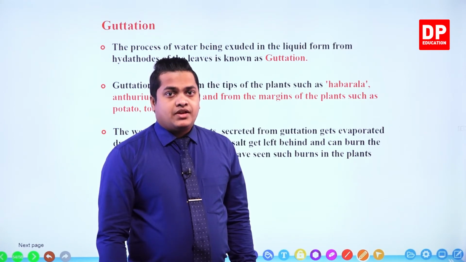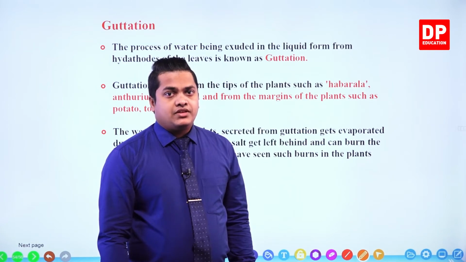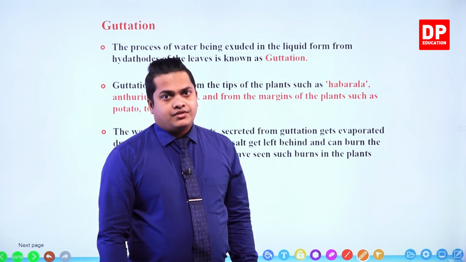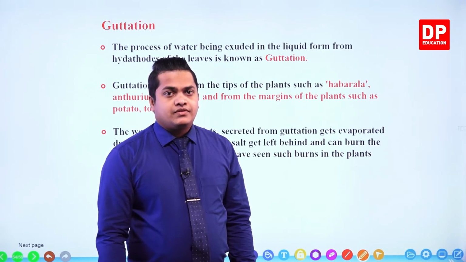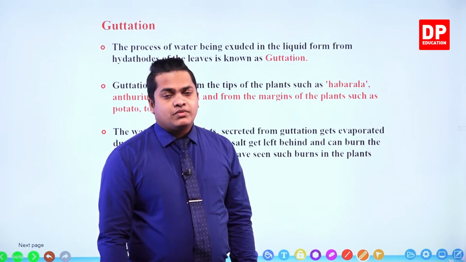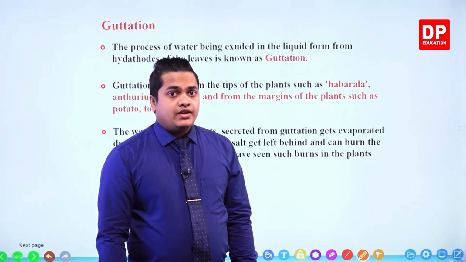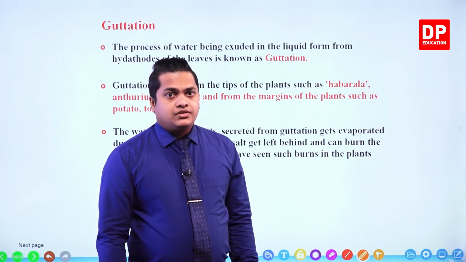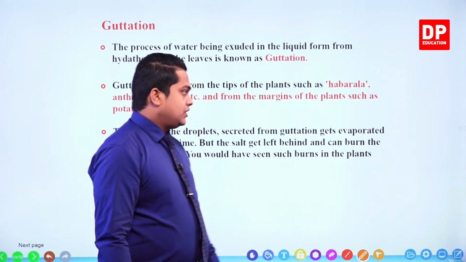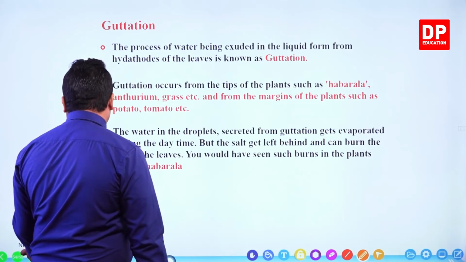So there is a problem. During the daytime, water will evaporate and these substances will remain within the leaf, and the leaf tip is going to dry out and burn because of that. So that's why in Haberlea plants, the tip is withered or burned during the daytime. Okay, right. So this is the guttation.